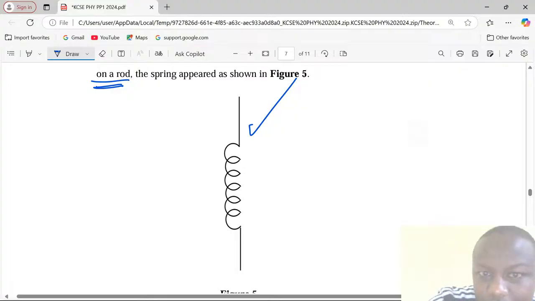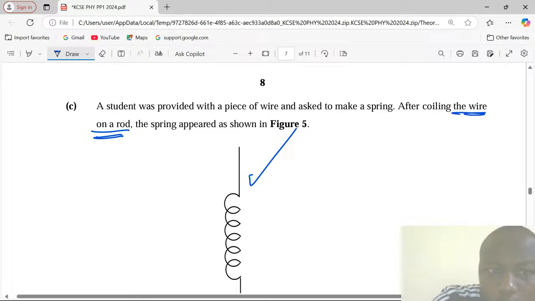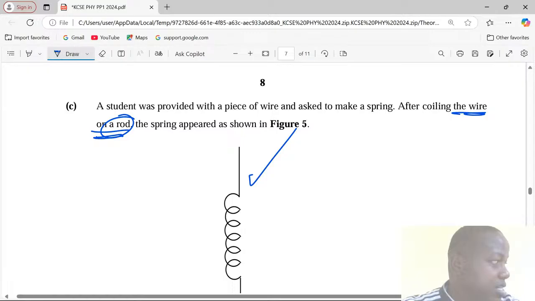They are coiling the wire on a rod. So if we use a thin rod, we will come up with a spring whose diameter is small, and that will be a stiffer spring.